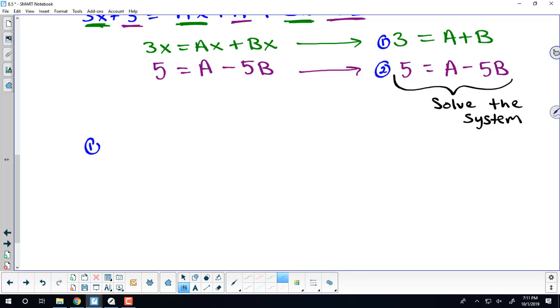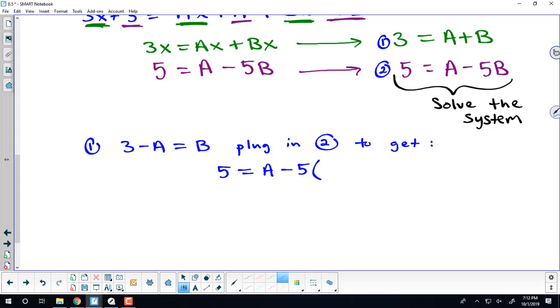So from equation 1, 3 minus A is equal to B. And then we can plug this into equation 2 to get 5 is equal to A minus 5 times B, which we're calling 3 minus A.